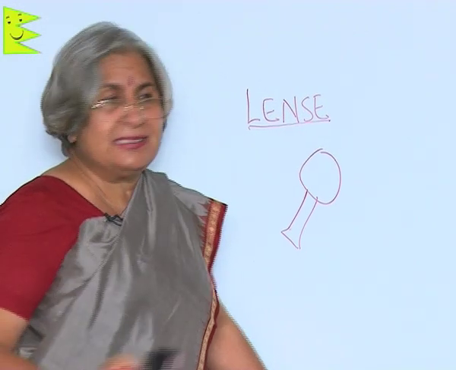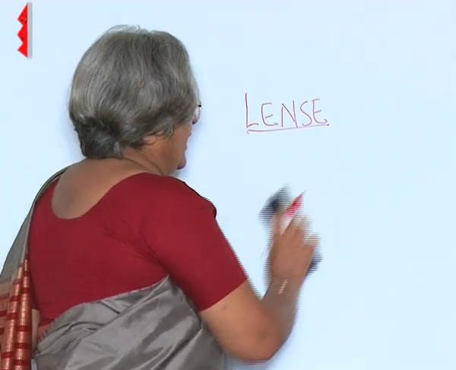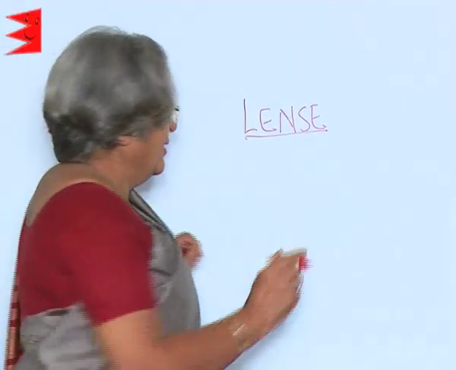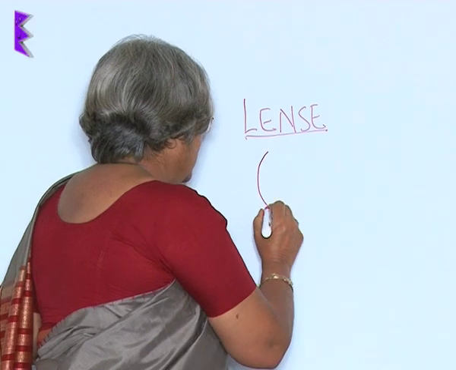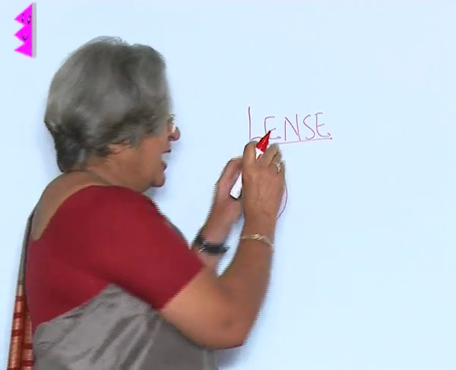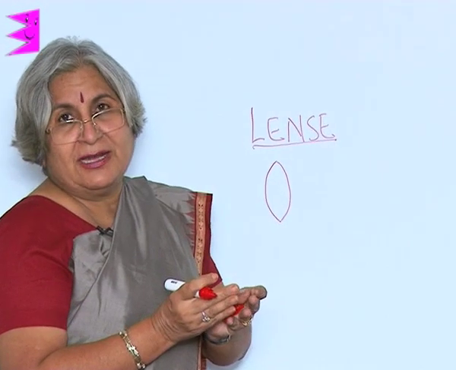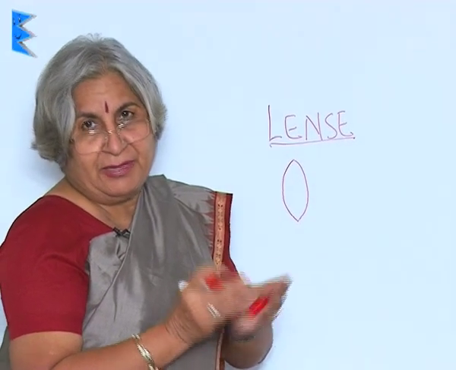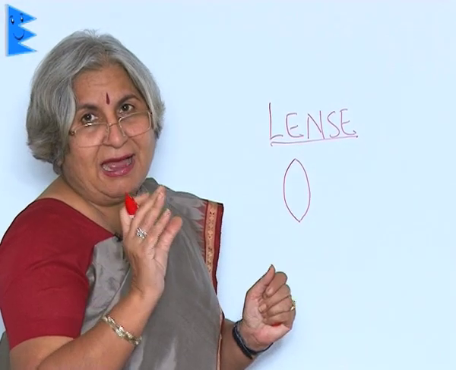Just like mirrors, the lenses are also of two types, concave and convex. Now, this is a convex lens. That means as if two convex mirrors have been joined together, but of course, it is not that, it is a glass.